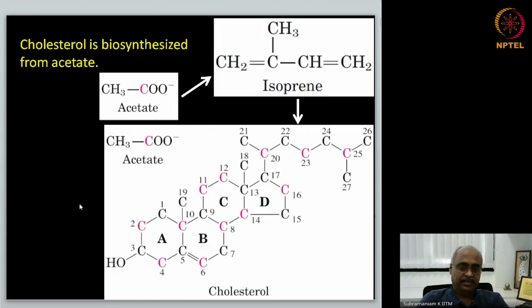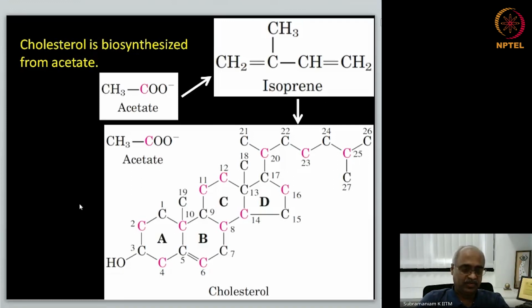You probably are familiar with cholesterol, whether you are a student of biology or not. In general, people are familiar with cholesterol in a bad way. People think that high cholesterol means higher probability of heart disease.